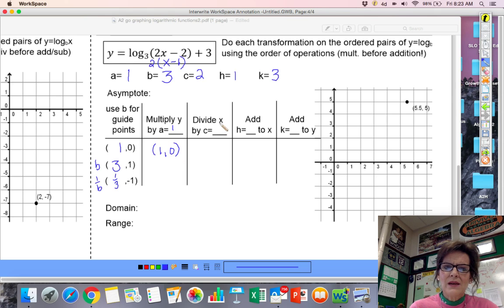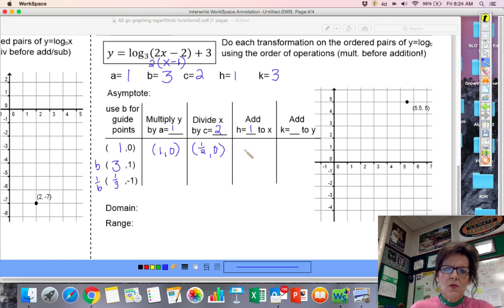Now I'm going to divide the x value by my c, and I factored out 2 as c. So 1 divided by 2 becomes 1/2. Now I'm going to add h to x. So my horizontal shift is 1 to the right.